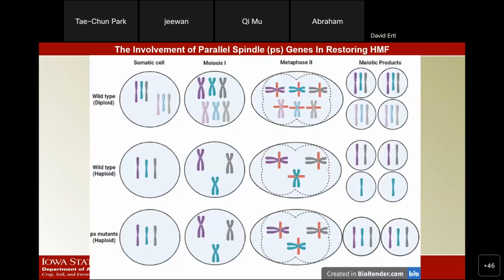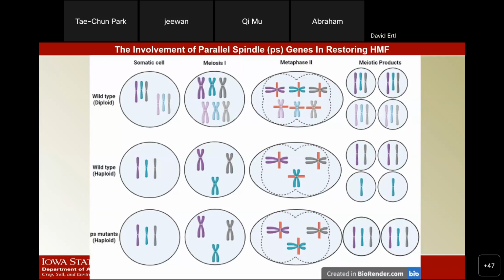And we think it's related to what's going on in these PS mutants, that they are forming dyads in the meiosis process, so only two daughter cells at the end of the meiosis process compared to the usual 4 products.